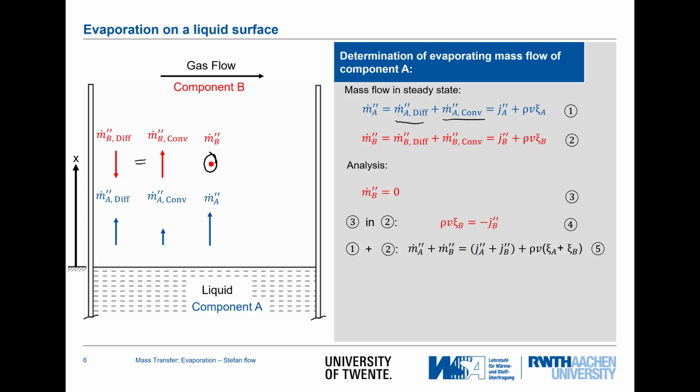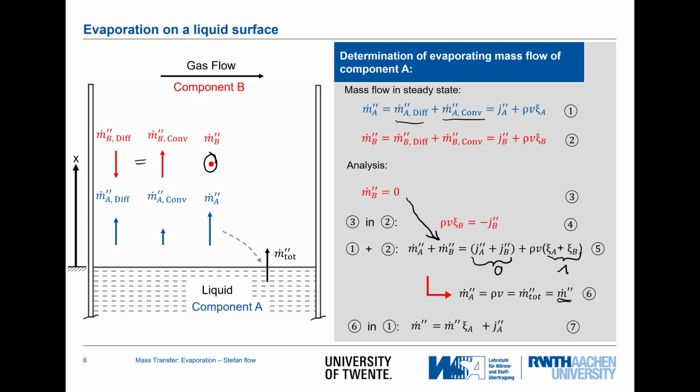And we understand that this has a sum of 1, and I also showed in the lecture earlier that the sum of the diffusional fluxes with respect to the center of gravity velocity is 0. So I end up with an equation that says m dot A, because I made use of this as well, is rho V, and this is the total mass flow rate that is escaping from the liquid, so I don't need any indices, it's just m dot double prime.